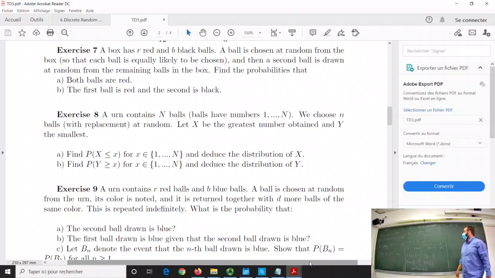And so I can express this using the power, using the fact that I have the product of small n terms, each of them being equal to small x over capital N.